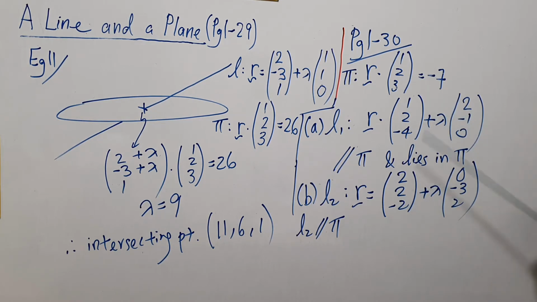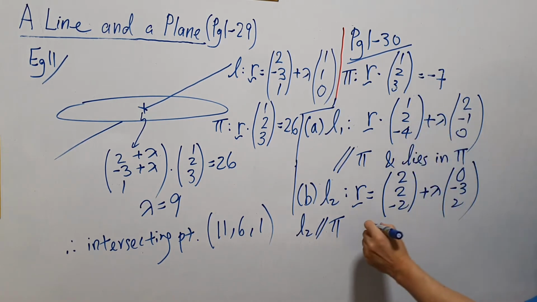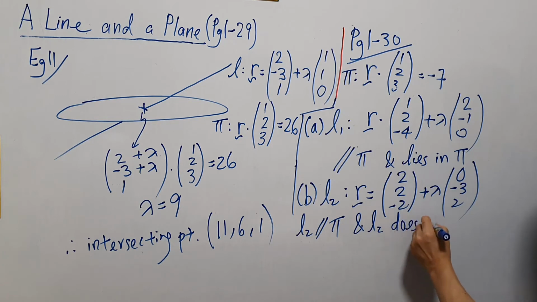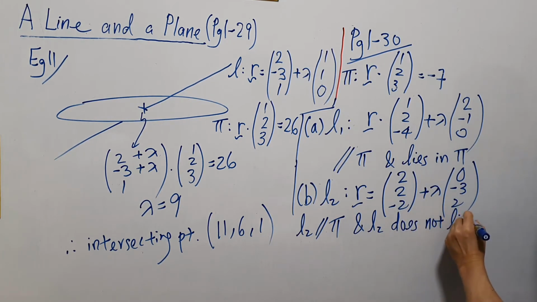Let's plug it in, put it into r dot. 2 plus 4, 4 minus 6 is 1, so it does not lie. That means this point is not on this plane. Therefore L2 does not lie in plane pi.